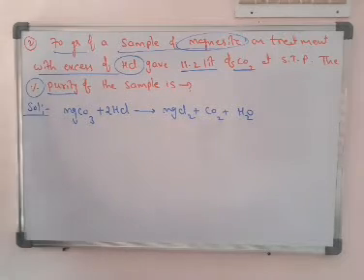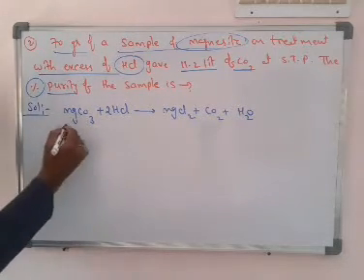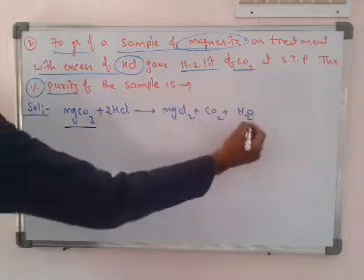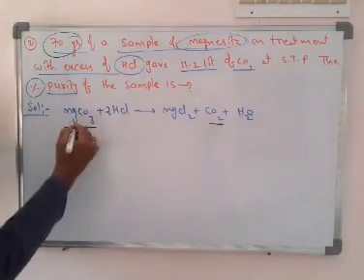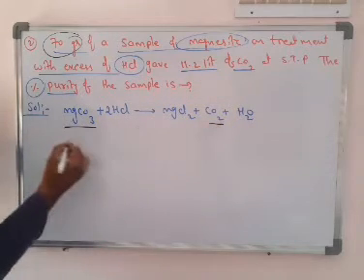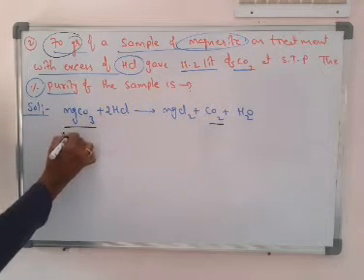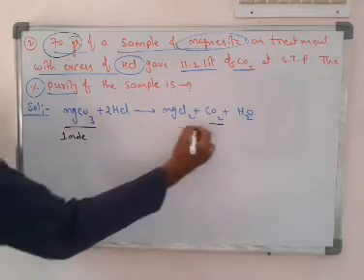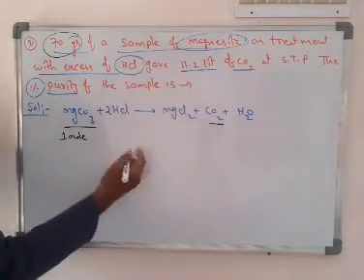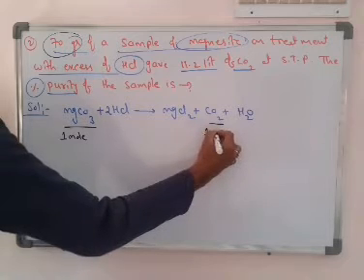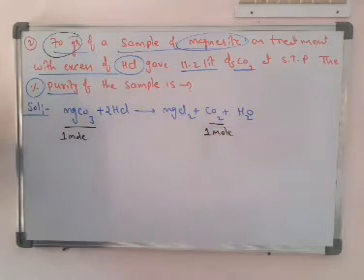Now compare magnesium carbonate and CO2, because the sample is given as magnesite, so about the carbon dioxide, what is the mole relation? 1 mole of magnesium carbonate, nothing but what is present in the magnesite, also releases 1 mole of carbon dioxide.